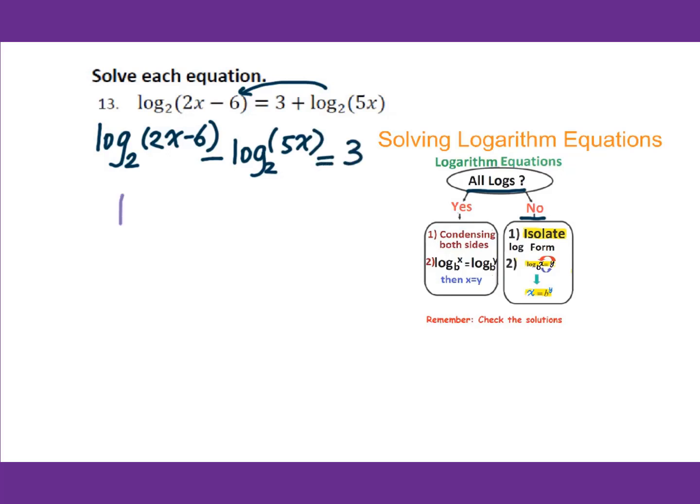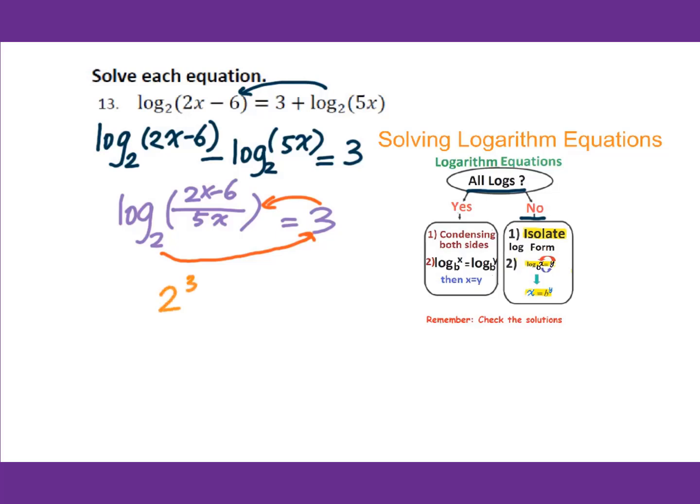Then condensing, log base 2 of 2x minus 6 over 5x equals 3. Then change this log into exponential form. You will get 2 to the third power equals 2x minus 6 over 5x. 2 to the third power, that is 8, equals 2x minus 6 over 5x.